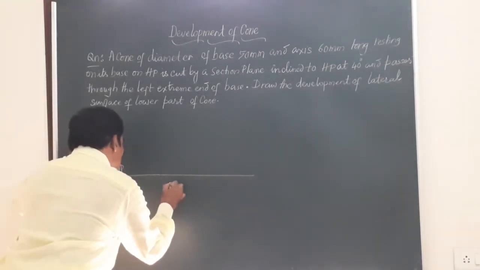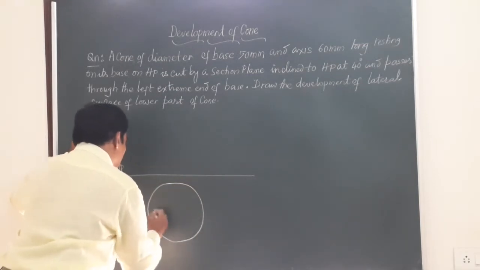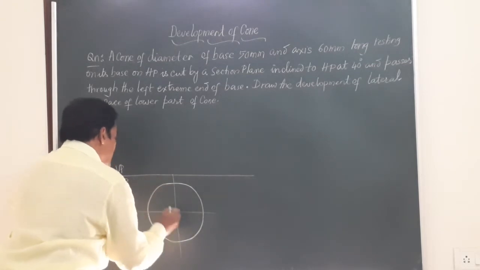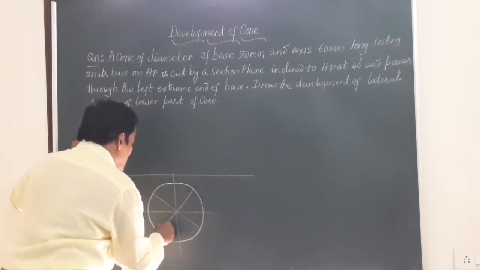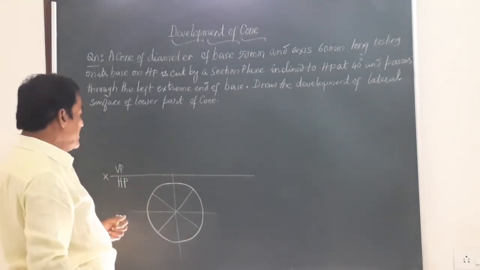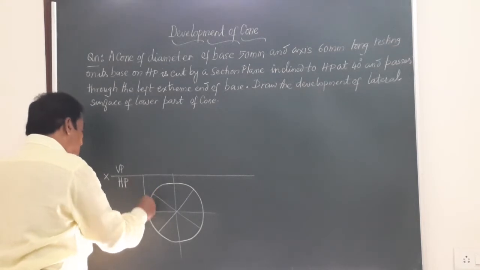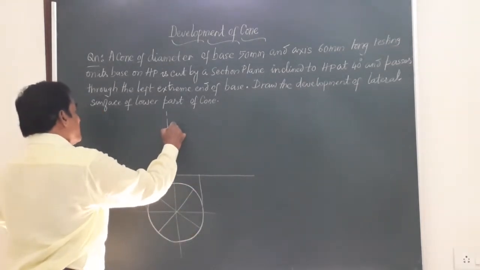The top view is going to be a circle, I told you, a circle of diameter 50 mm. So I have divided this circle into 8 equal parts, similar to that of a cylinder. Get the front view. Front view is going to be a triangle. So let me mark the axis.